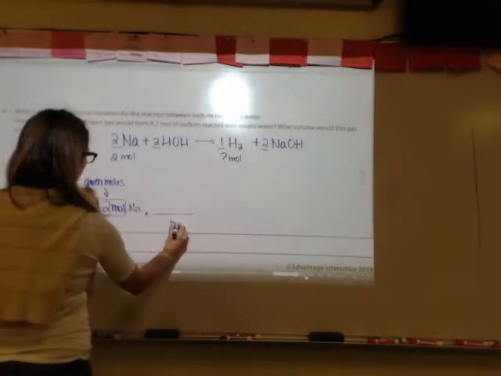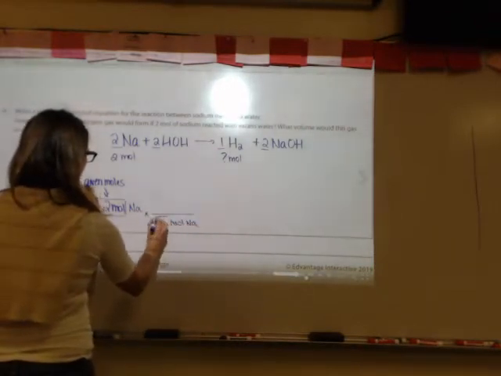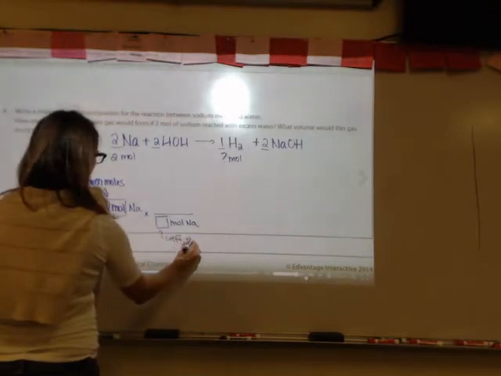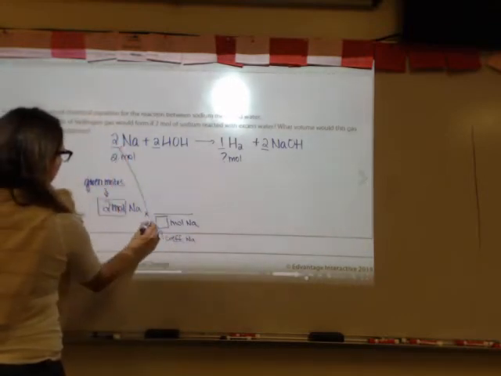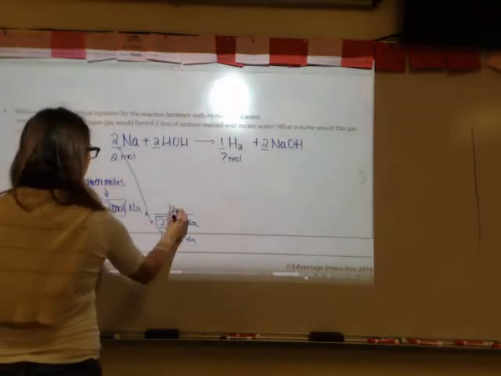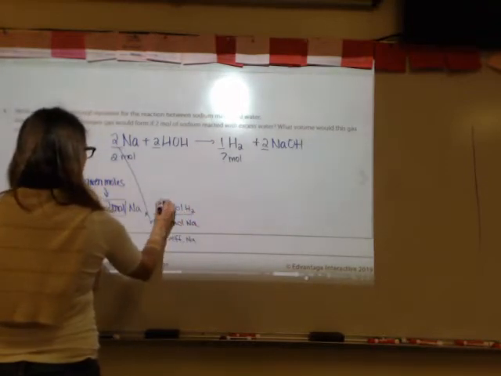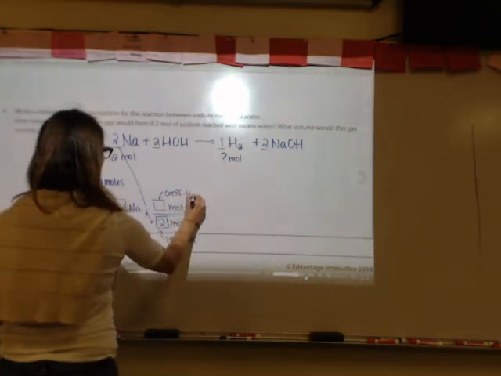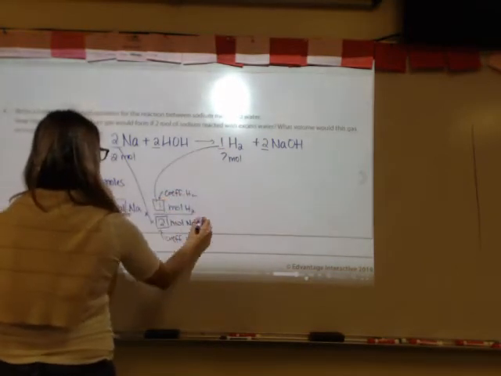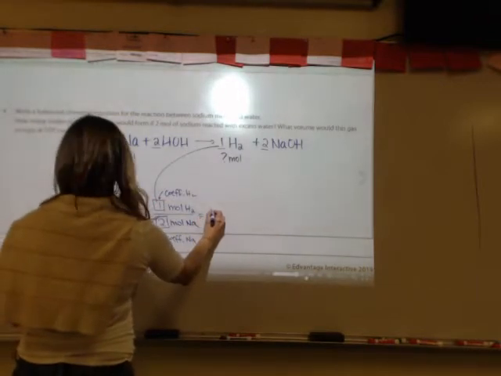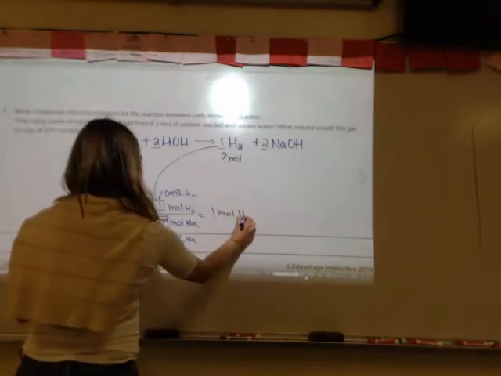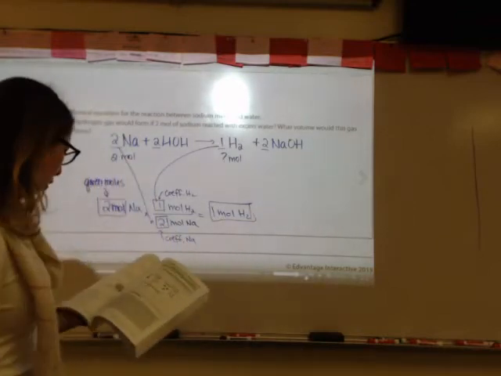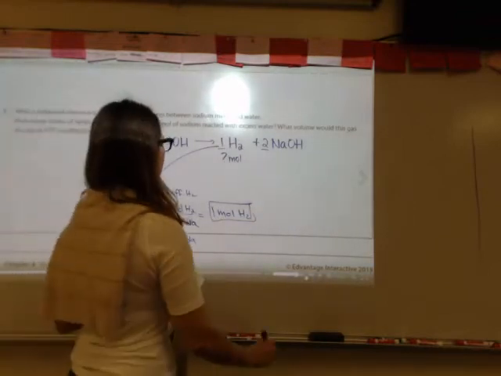Moles of sodium will follow you onto the diagonal. What goes here is the coefficient that's on sodium, which is a 2. And then what goes here is the coefficient on H2, which is a 1. And this is going to give you 1 mole of H2.